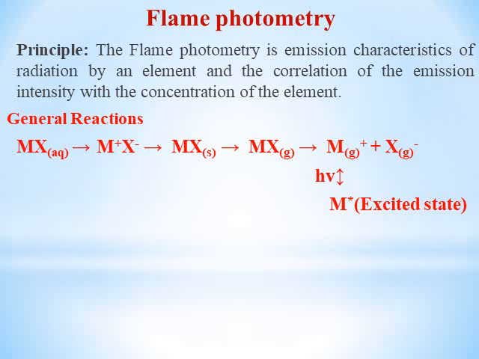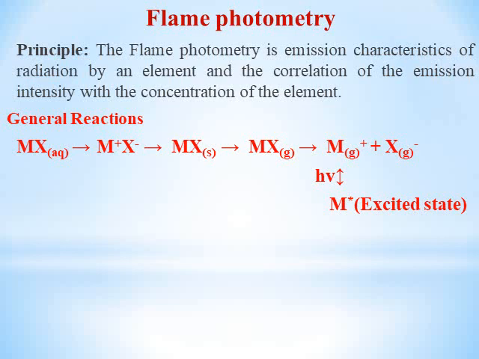Sodium and chlorine will separate when it forms a gas. In the gaseous state the atoms become free, and the metal sodium in gaseous form carries the positive charge and gets excited into higher energy levels.